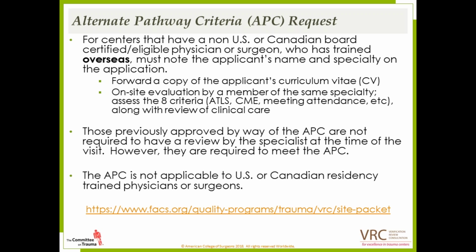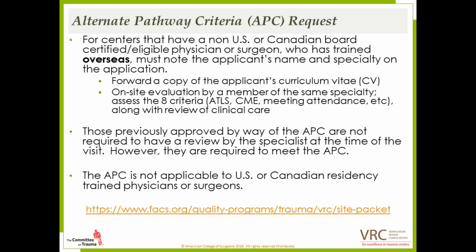So if you have someone on your trauma panel like that, and they have never gone through the alternate pathway and been approved, I highly recommend you do that at your earliest convenience, because it is a process. Not only would they have to meet the criteria, but Rachel also has to get that person vetted through our specialty group, the orthopods and the neurosurgeons.